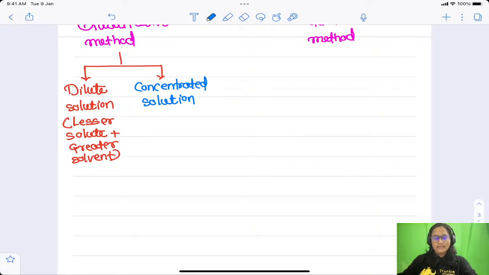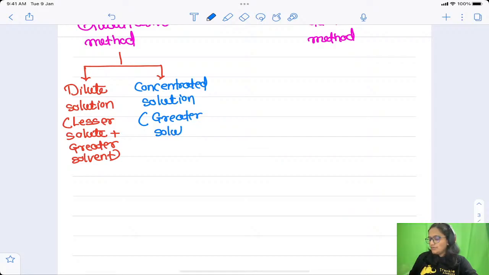So what are these? These are nothing but ways to express the concentration of a solution in a qualitative method. Only quality we are discussing. In a concentrated solution we have a greater amount of solute plus a lesser amount of solvent.